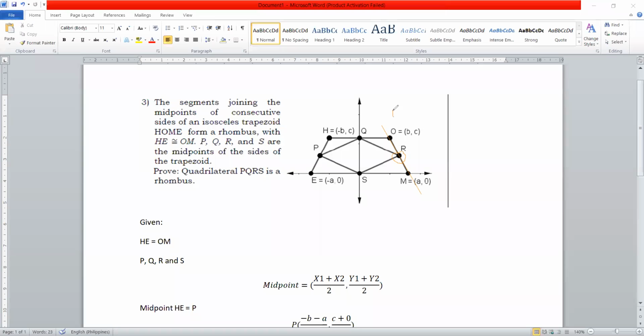So let's say O is your point 1 and M is your point 2. So R is equal to, you have there B plus A over 2, and you have there C plus 0 over 2.